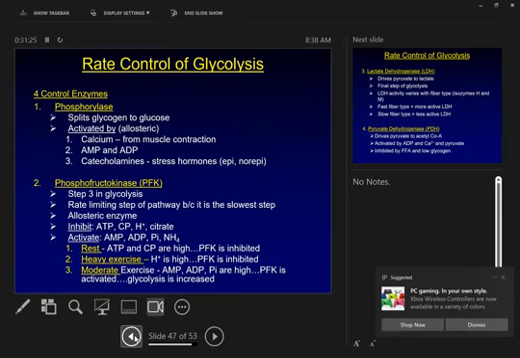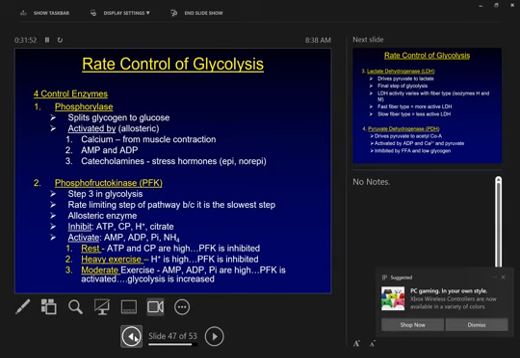Now let's talk about glycolysis. So demand is increasing. We're using up our immediate pathways. While that is happening, some things are also happening in glycolysis. I have put on there 4 enzymes that are important in regulating glycolysis.